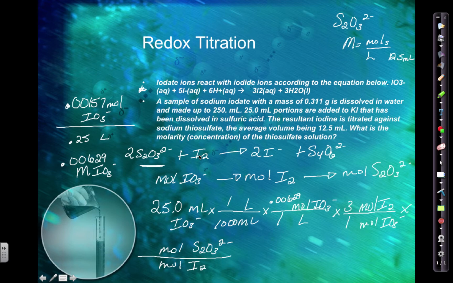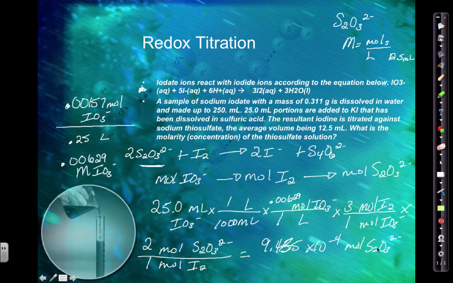So for every 1 mole of iodine, I'm going to use up 2 sodium thiosulfates. And then at the end, when I do the calculation, I have 9.435 times 10 to the negative 4th moles of the thiosulfate.